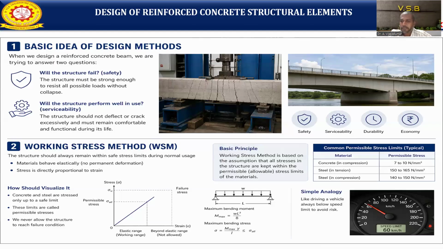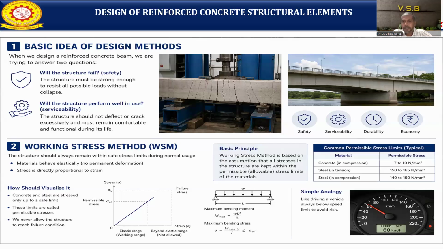Then what is the basic principle of this working stress method? It is based on the assumption that the structure is kept within the permissible or allowable stress limits of the materials. What type of material are we going to use here? Concrete as well as steel. After loading the structure, it should be only within the permissible limits.